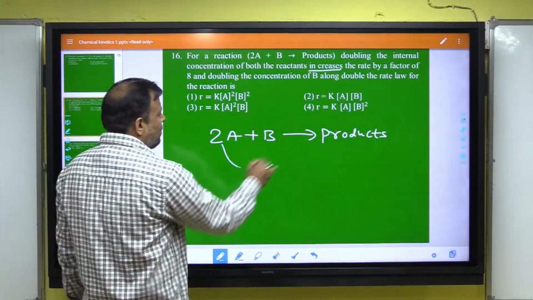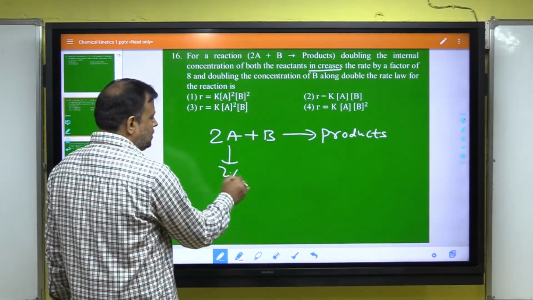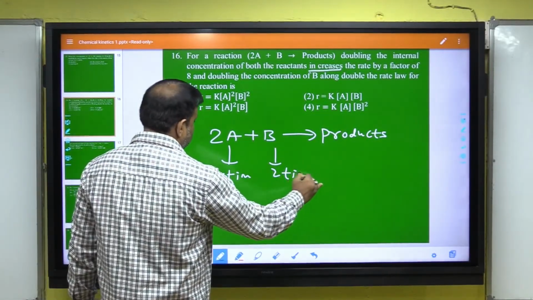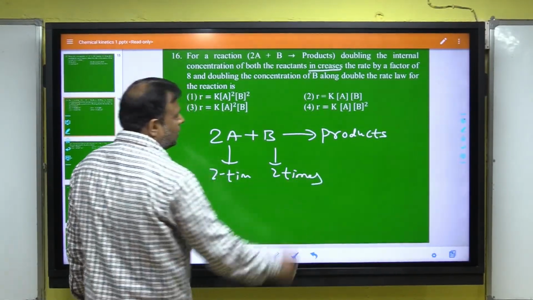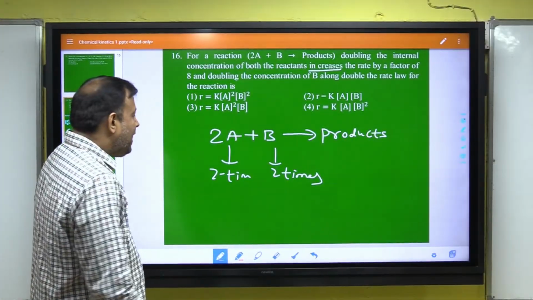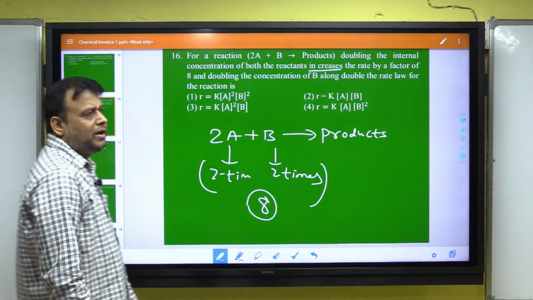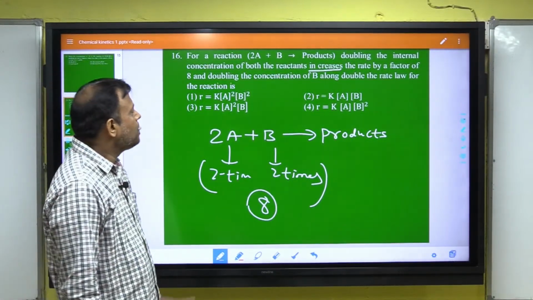When both double, 2 times and 2 times. Clear? Concentration doubles and rate increases by 8 times.